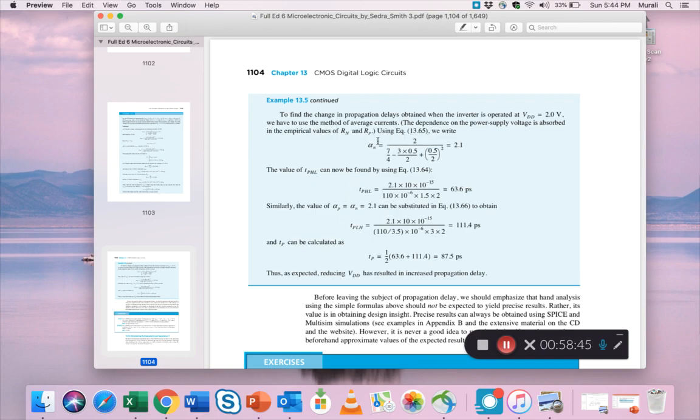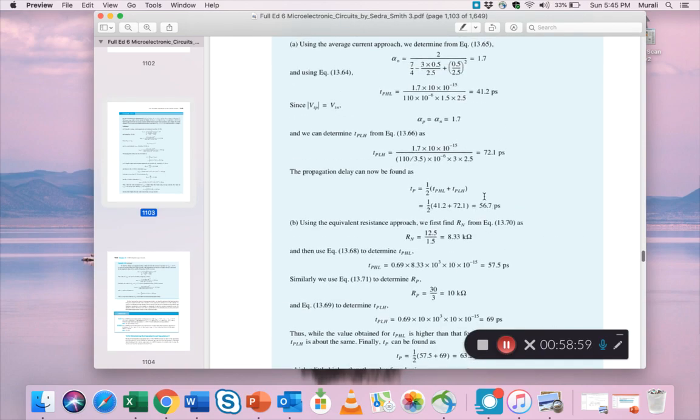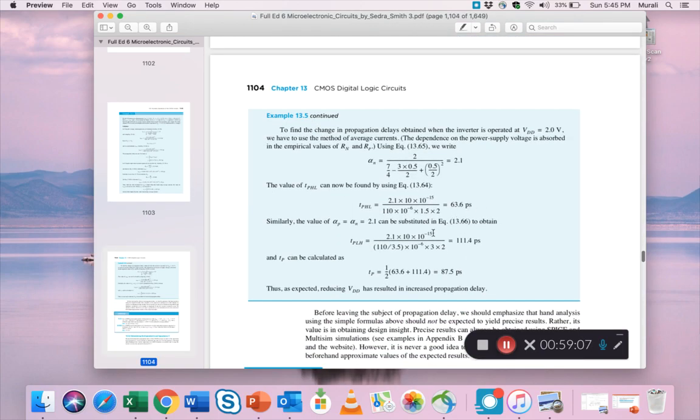We did this using the average currents method, so you must compare to the previous average currents result to know how much the propagation delay has increased. It went to 87.5, previously it was 56.7. So there's a significant jump in propagation delay because of that half volt drop.